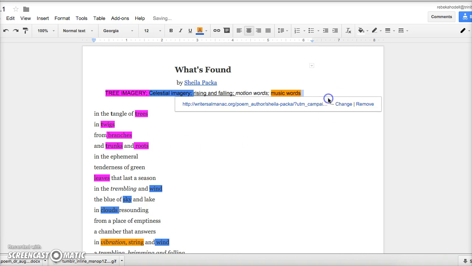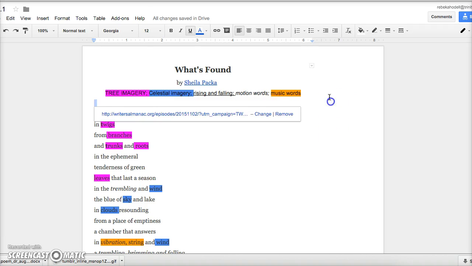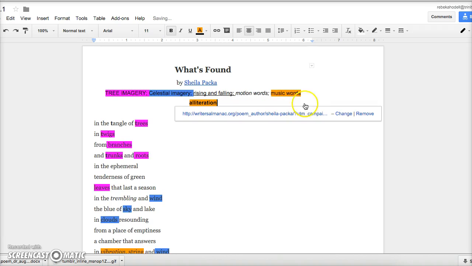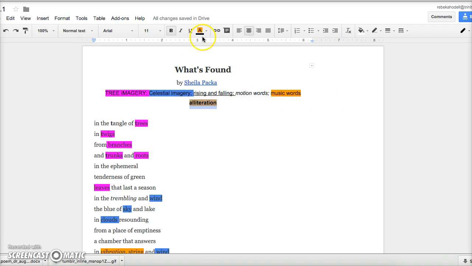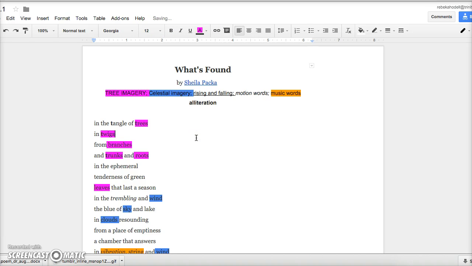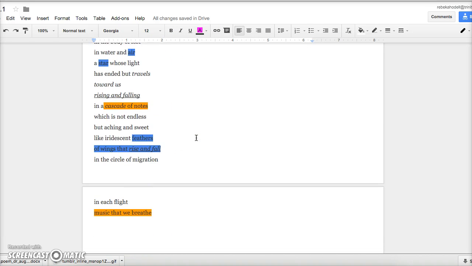We have alliteration there. I'll mark that, alliteration. I could do so much more with sound. I could talk for a brief moment about how it's one stanza and how maybe the fact that it's one stanza is also conveying motion, right? Like you don't stop and start, you just sort of fall straight through this poem.